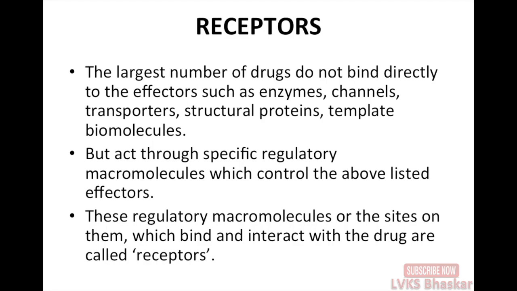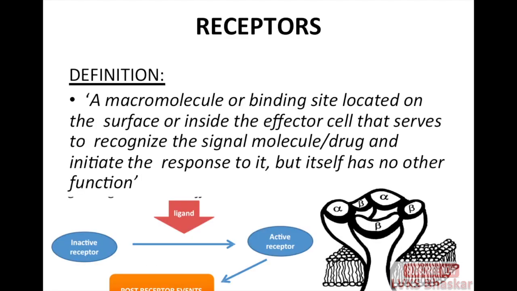A receptor is a macromolecule or a binding site located on the surface or inside the effector cell that serves to recognize the signal molecule or the drug and initiate the response to it, but itself has no other function.